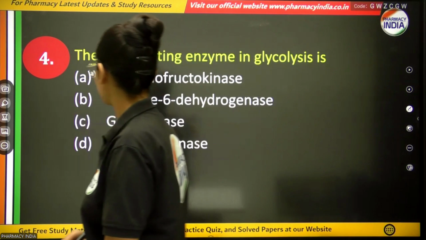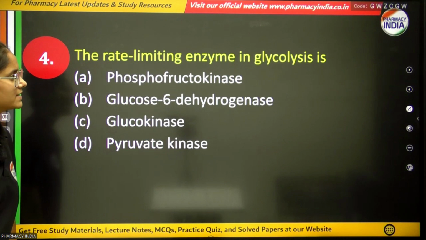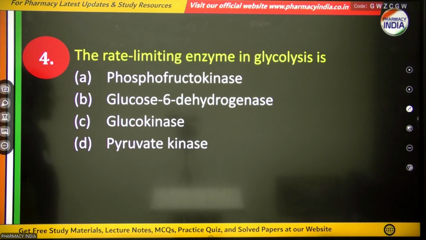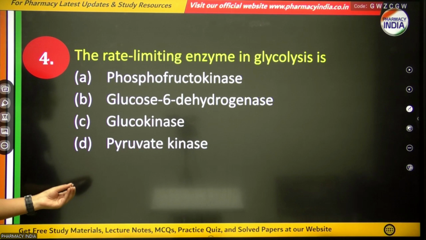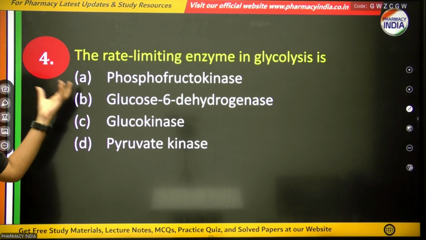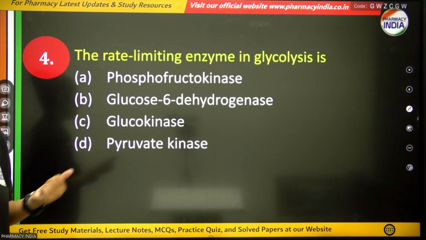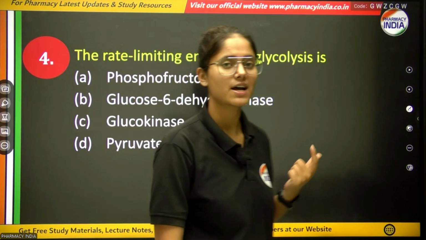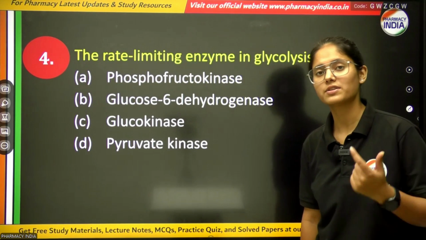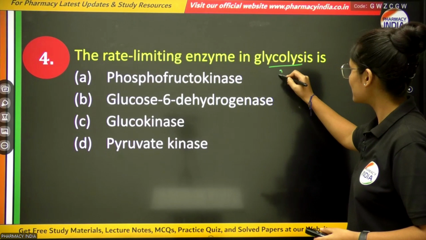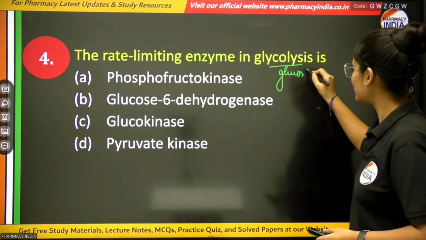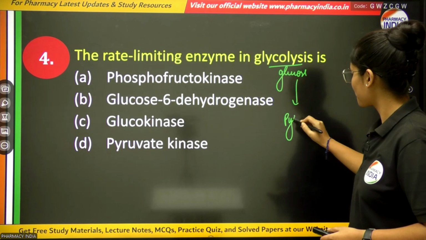Clear? Next question. The rate limiting enzyme in glycolysis is. Now, from the given options, you have to choose the correct option which is a rate limiting enzyme in the glycolysis process. Now, what is glycolysis? Glycolysis is a type of cellular respiration, or you can say metabolic process, in which glucose gets converted into pyruvic acid.